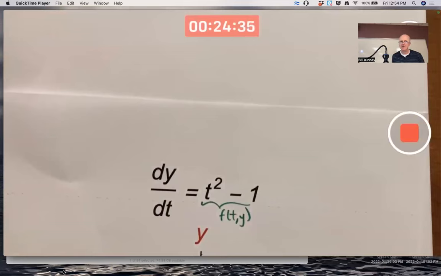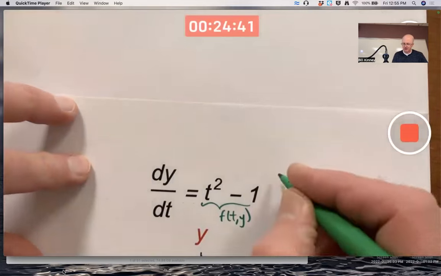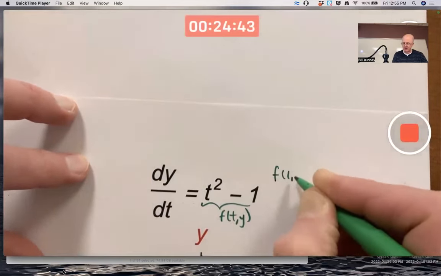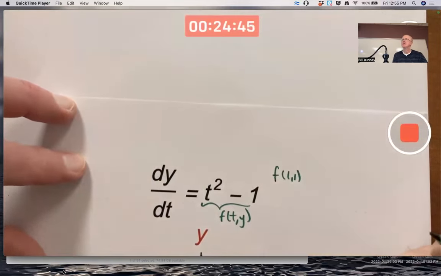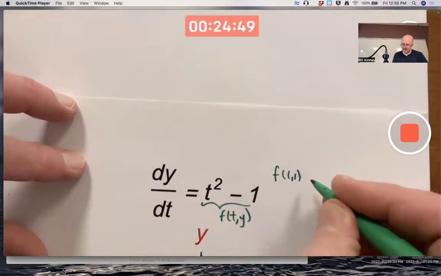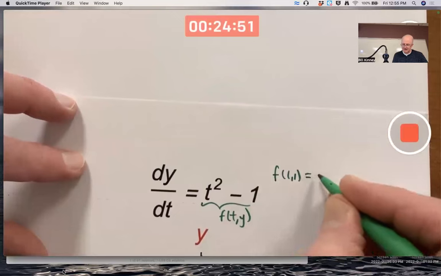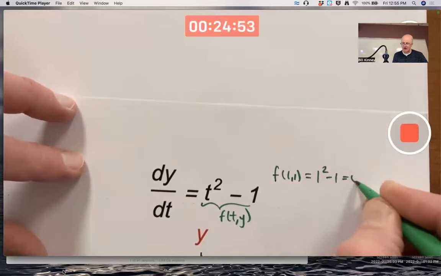I'd like to make the slope field. If I had to do it by hand, well, what would I do? I'd plug in a bunch of different points into this function, like, for example, 1, 1. T is 1, y is 1. What would I get? I get 0. 1 squared minus 1 is 0.